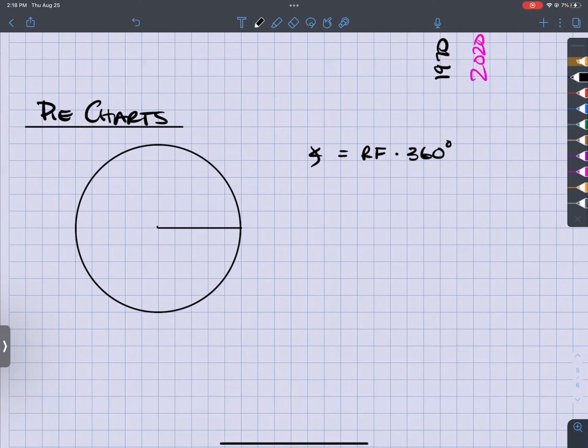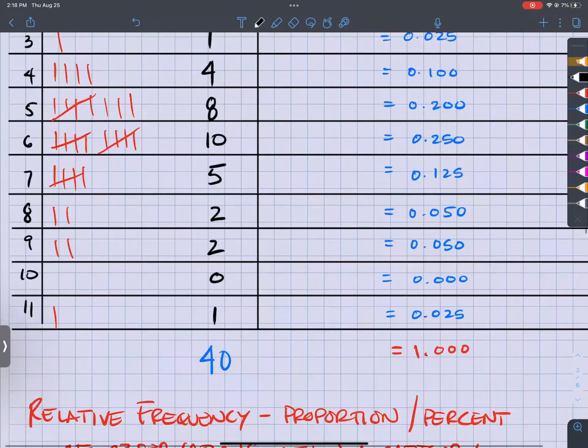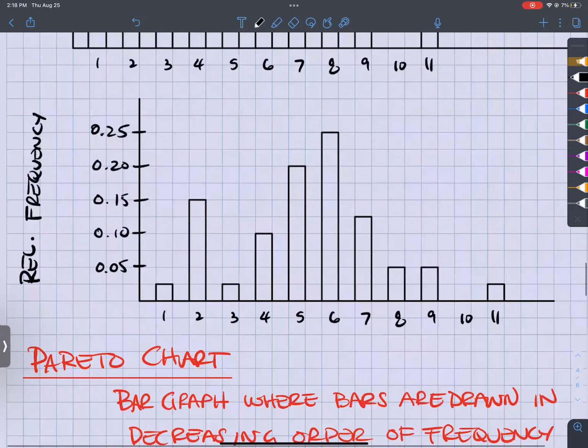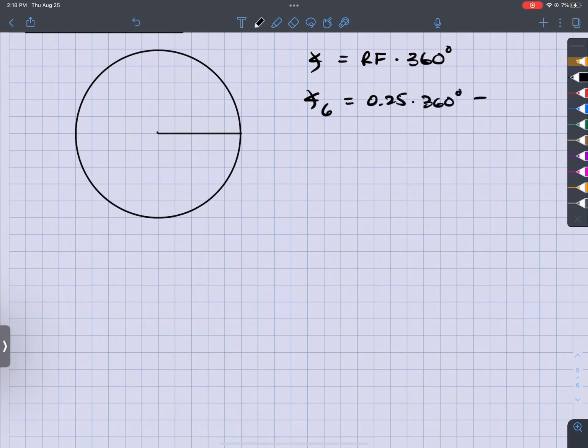Right? If you took the relative frequency and all the way around the circle is 360 degrees, right? So for example, let me see. 6 was 10, right? So if I look for the angle for 6, that will be the relative frequency of 0.25 times 360 degrees, and that's going to give me 90 degrees.